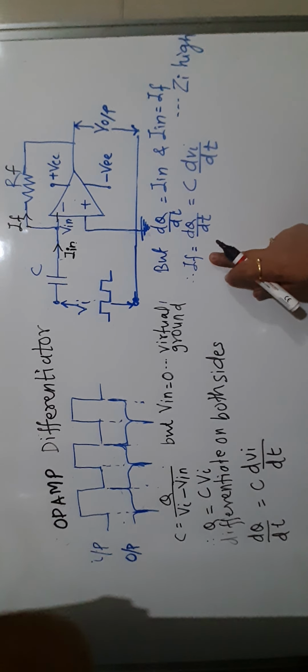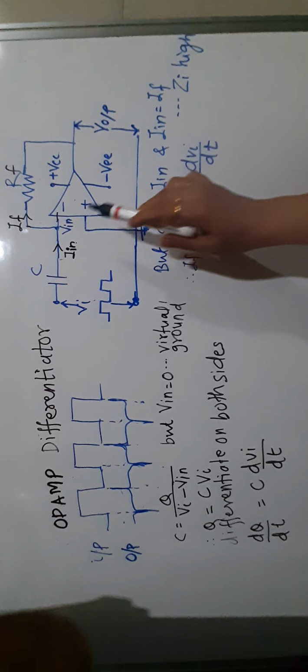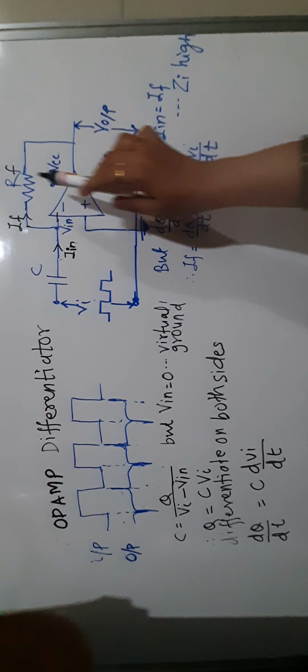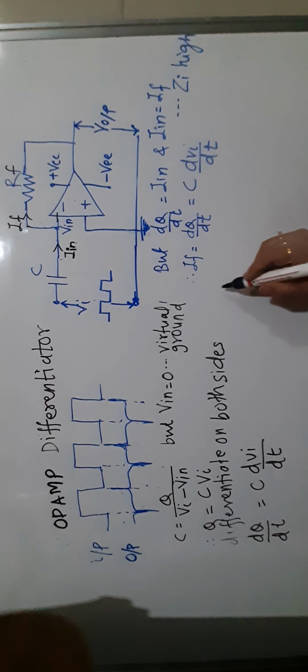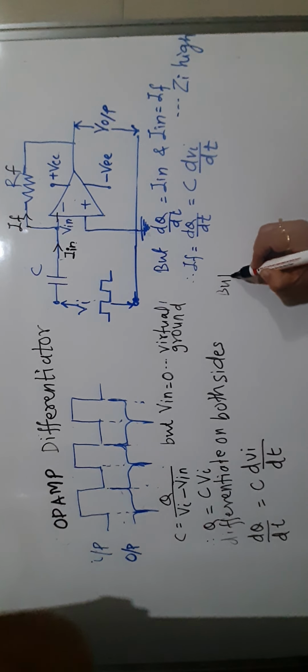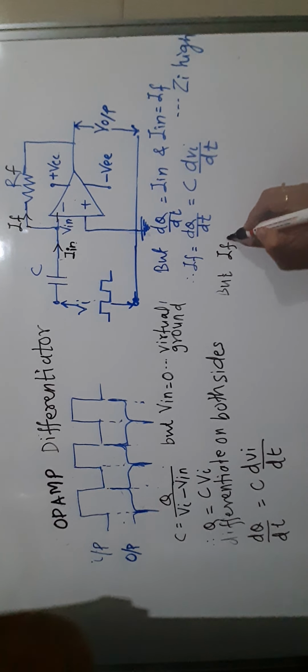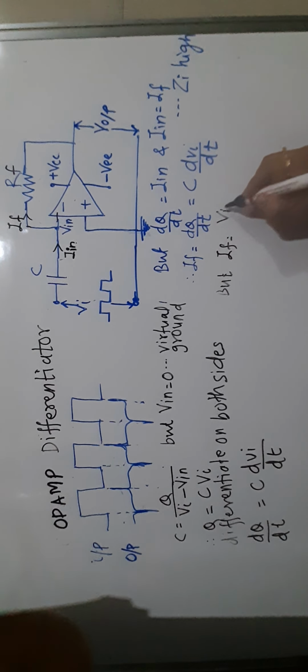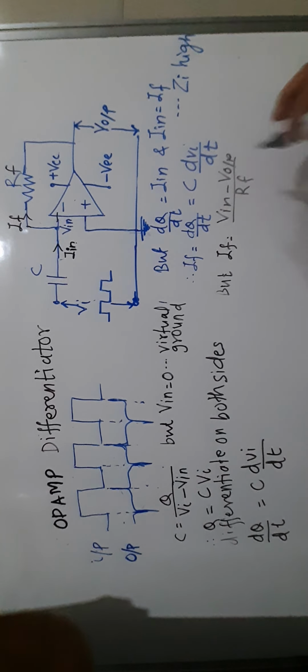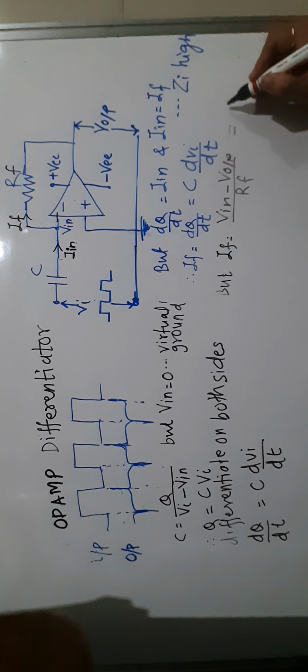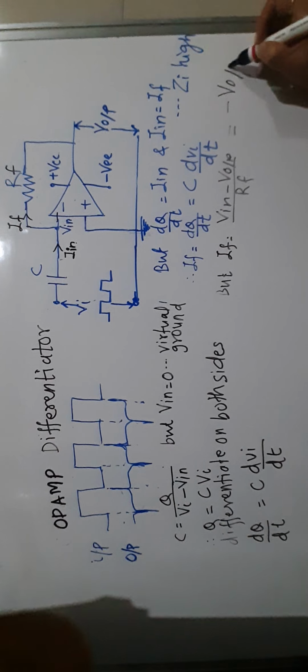But what is If? If is voltage upon resistance, and voltage is what? The potential difference between Vin and Vout. So If equal to Vin minus Vout upon RF, and again we know Vin equal to 0, so we can write In equal to minus of Voutput upon RF.